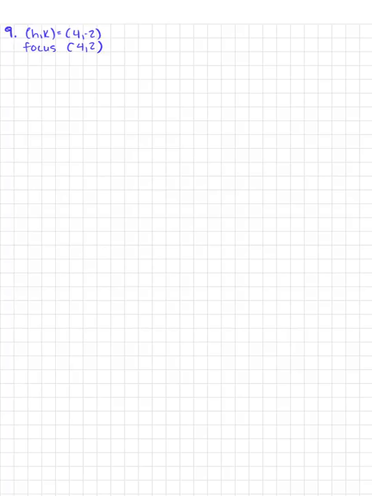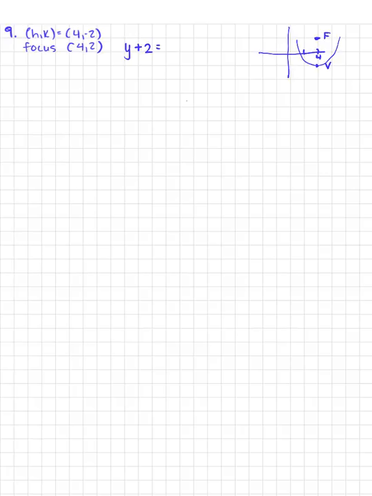Okay, so number 9, it asks us to come up with the equation given the center is at 4, -2, and our focus is at 4, 2. So let's go by 2's again. So if this is 4, this is going to be my focus. This is going to be my vertex. So our graph will have this orientation. So I know it will be y minus a -2 equals, well, let's fill that out in a second.